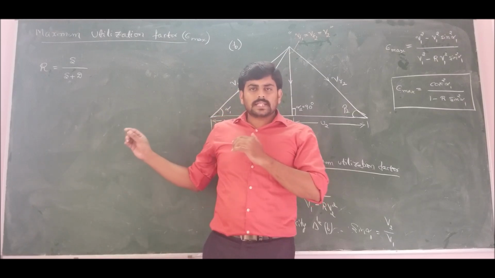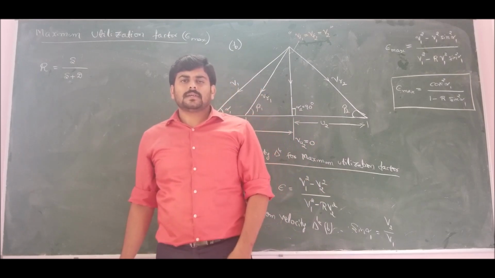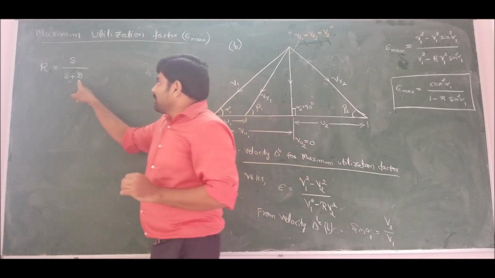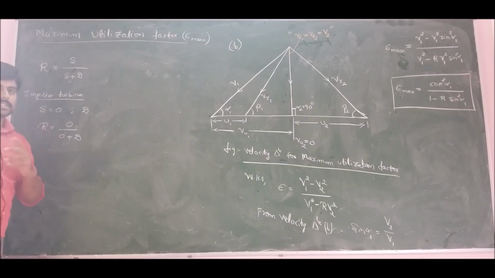Therefore, the energy transfer takes place only because of dynamic component in case of impulse turbines. So if I substitute the dynamic component and put static component as 0 for impulse turbine, static component of energy transfer is 0 and dynamic component will exist. So the degree of reaction will become 0 divided by 0 plus dynamic component. The dynamic component and static component are already discussed in our lecture 2.